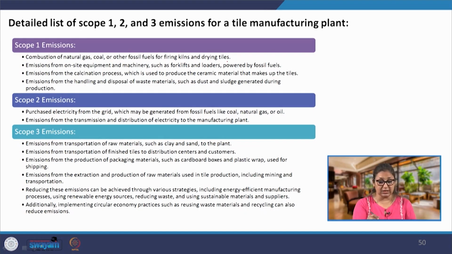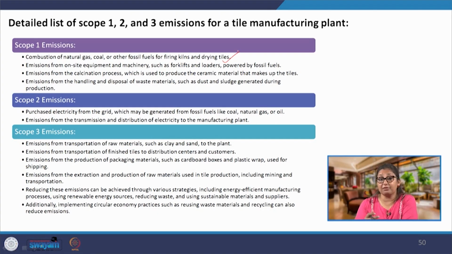So, which is the significant part, and it can be classified as process emissions, because there is this process of manufacturing which is happening. So, for most of the industries, process emissions will be the most significant part of the direct emissions.